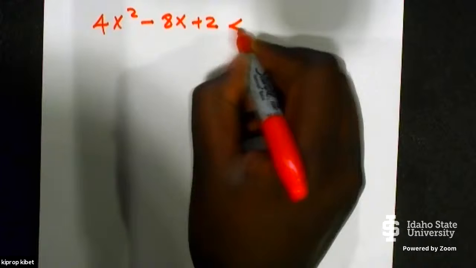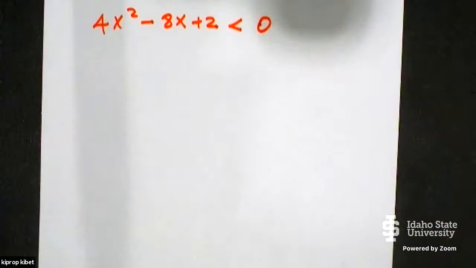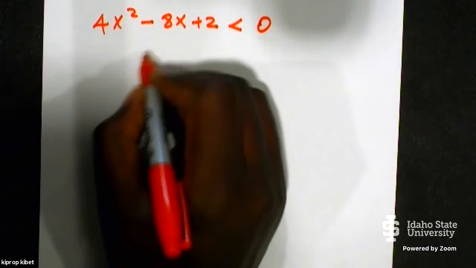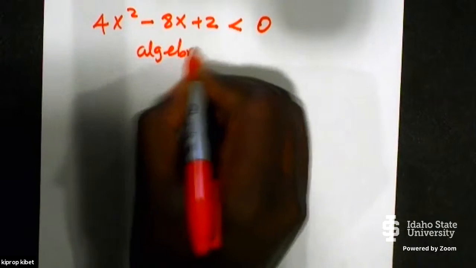So, for example, you're given 4x squared minus 8x plus 2 less than 0. Then you're told to solve this one algebraically.